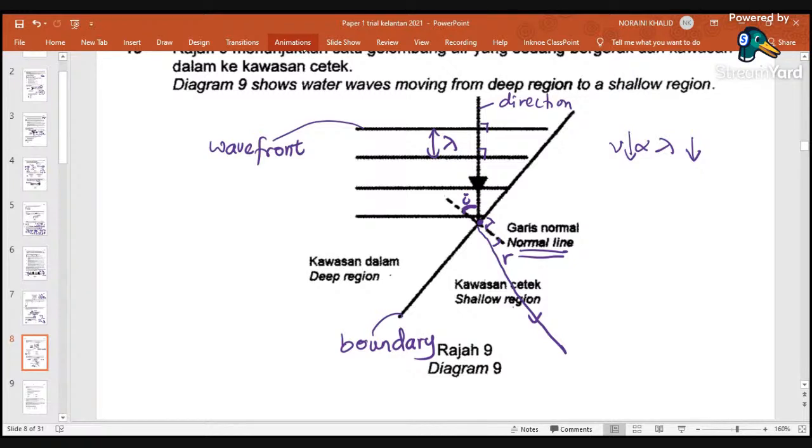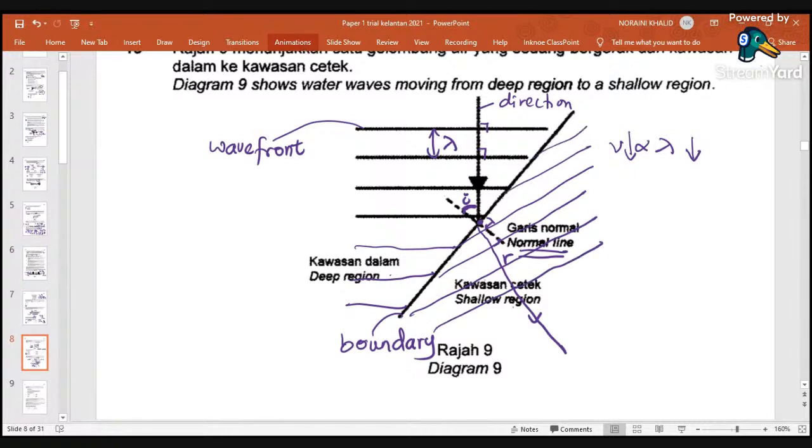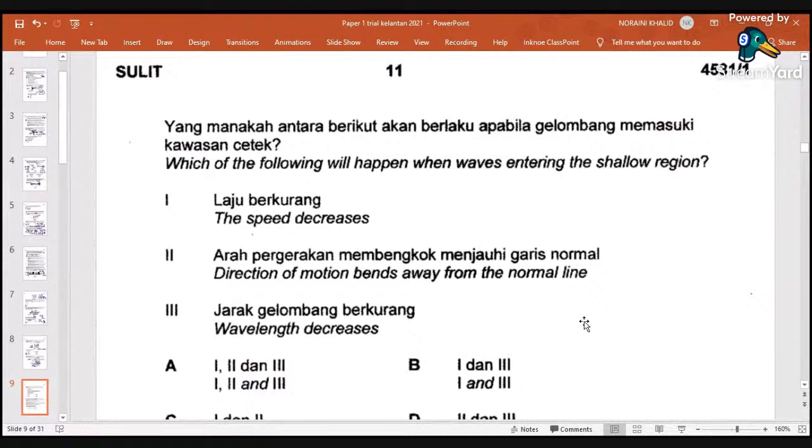If you draw the lines to show the pattern, you will get something like this. So this is the wavefront for the shallow region. You can see the lambda is shorter. So look at which one. The speed decreases, correct. Direction bends away, no, bends towards because the speed decreases. Wavelength decreases, correct. So answer is 1 and 3.